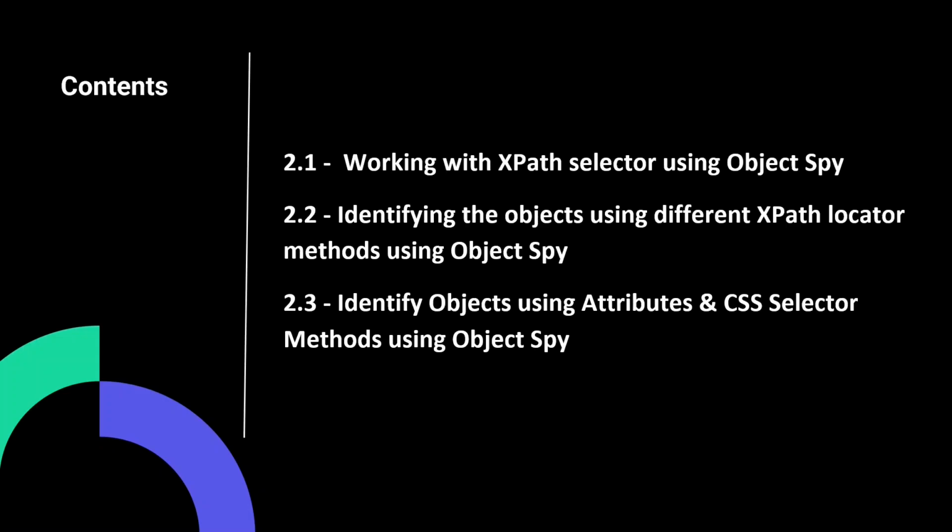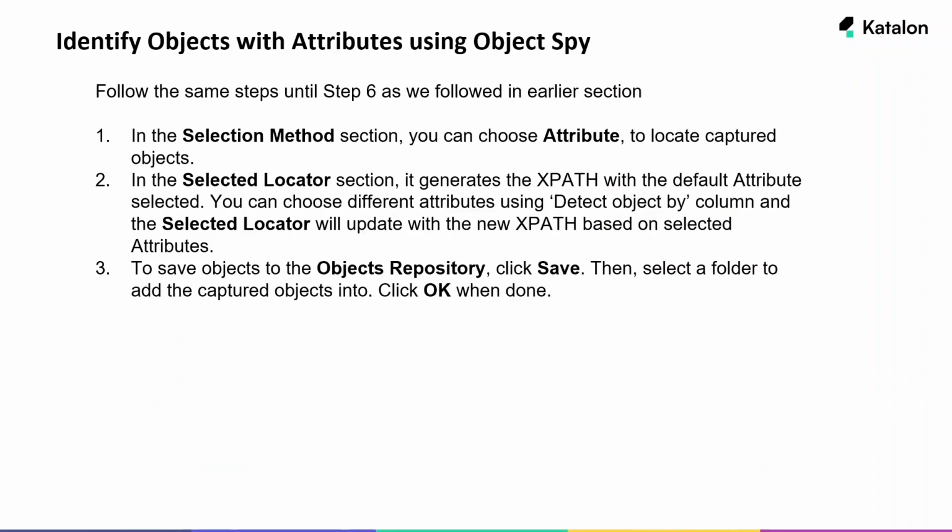As part of section 2.3 in chapter 2, you learn how we can identify objects using attributes and CSS selector methods using Object Spy. We need to follow the same steps until step 6 as we followed in the earlier section using XPath.